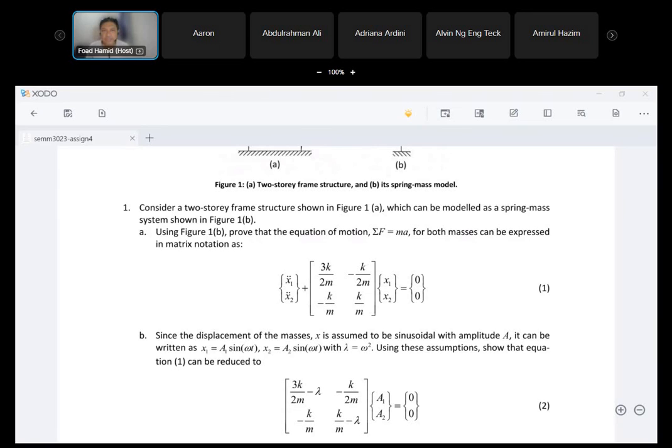Okay, please give me 1 minute because I need to erase the student name here. Oh, my PC is getting slow.